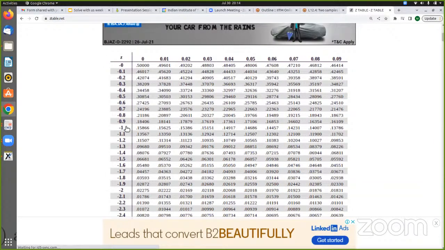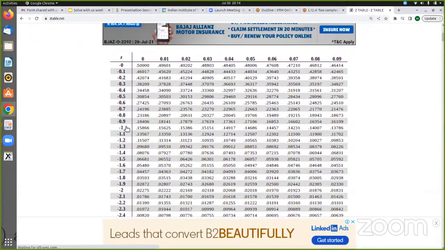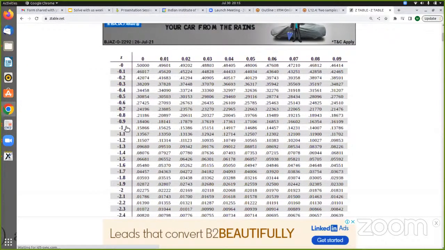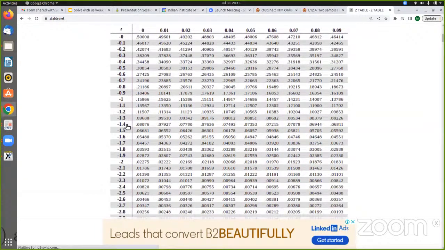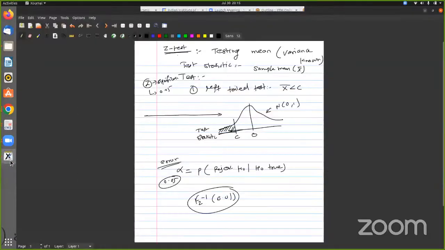I wanted to see for what Fz inverse of, let's say, 0.05 itself. Okay, so first of all, are you able to find this value, Fz of 1.64?